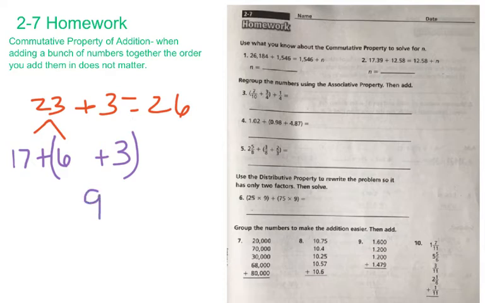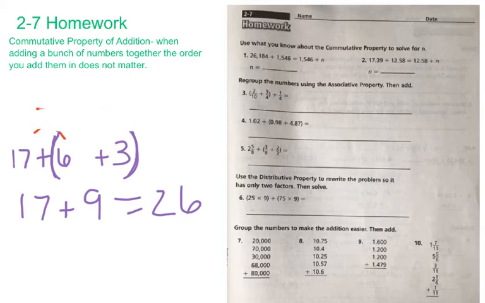Well, we know 6 plus 3 is equal to 9, and 17 plus 9 is equal to 26. So with the associative property of addition, you can associate the numbers, meaning you can change the order of operations in an addition problem, and you're still going to get the same result.